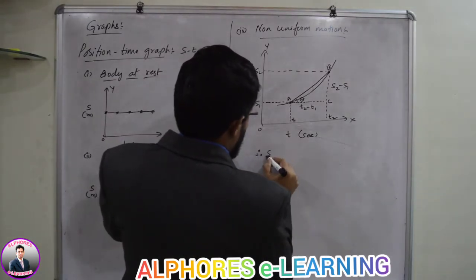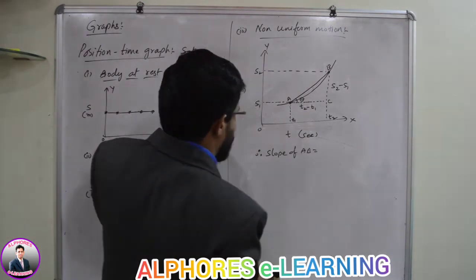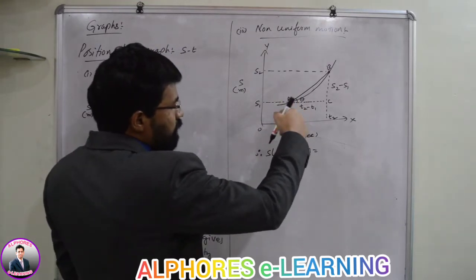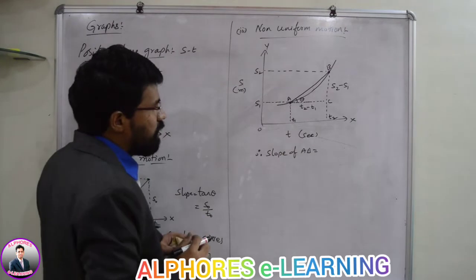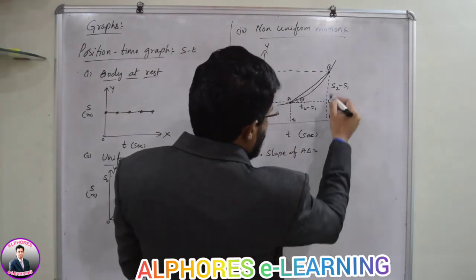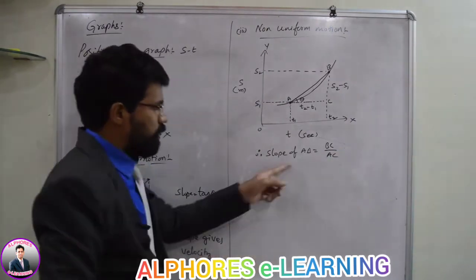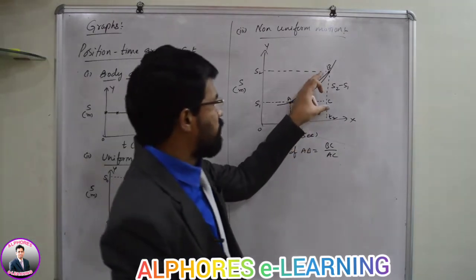Therefore, the slope of line AB is equal to, AB is what? AB is the line connecting the 2 points whose coordinates are (T1, S1) and (T2, S2). And what is its slope? Opposite side, BC by AC. Why did I take it like this? Slope of AB is tan theta, like the way we have written here. Tan theta is opposite side by adjacent side.